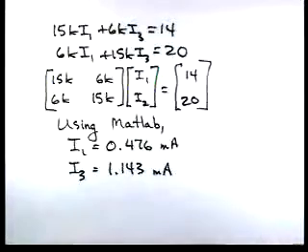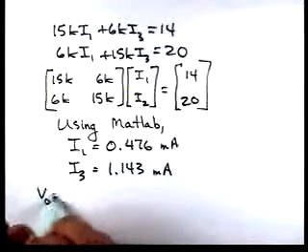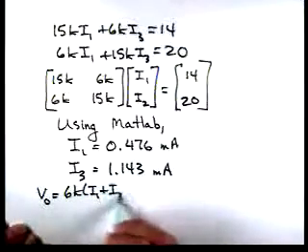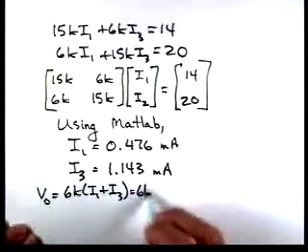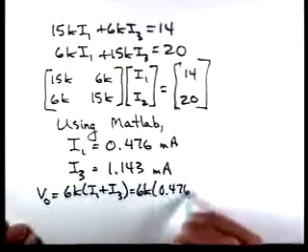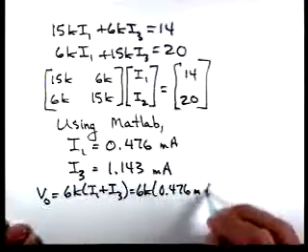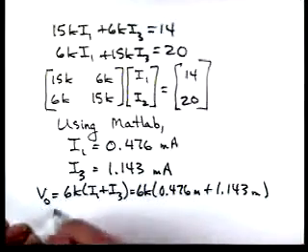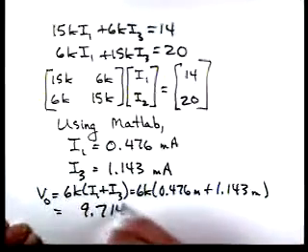So V0 is 6K times I1 plus I3. And it turns out to be 9.714 volts.